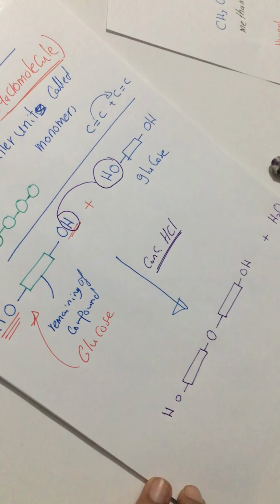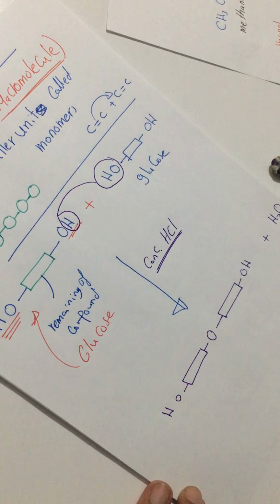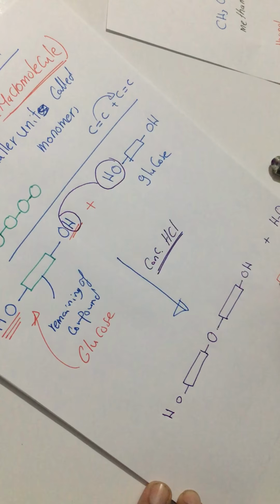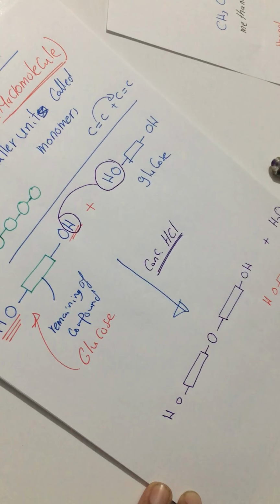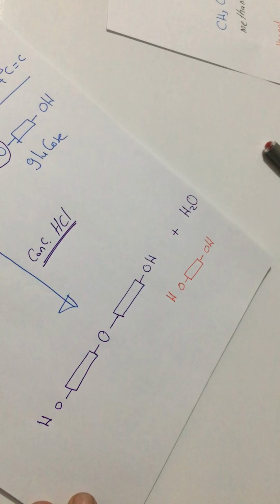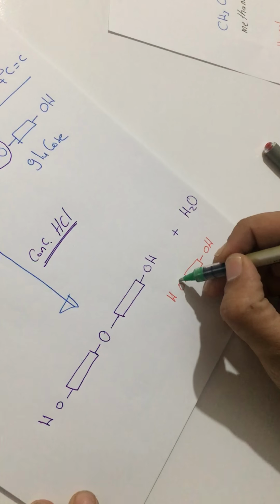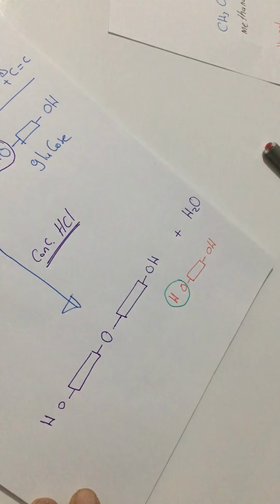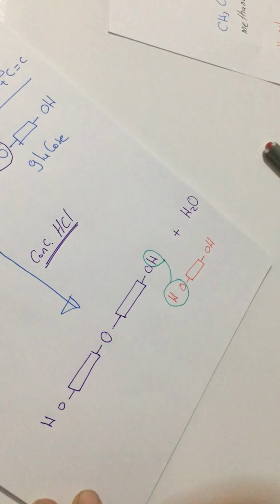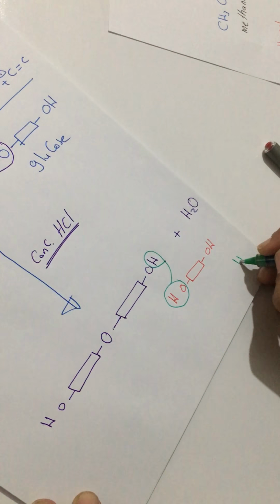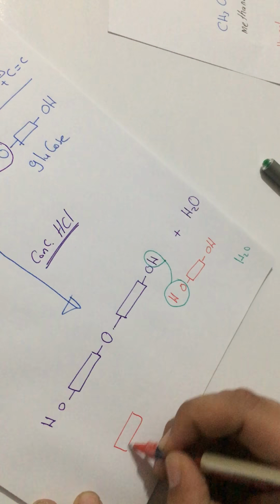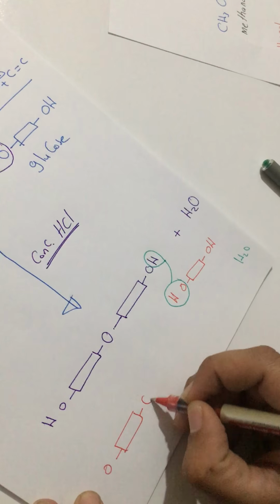What happens if we added another glucose unit? It still has OH and another OH. So we can remove an OH group from this unit and H from the other unit to form water. And we're going to have 3 units joined together.